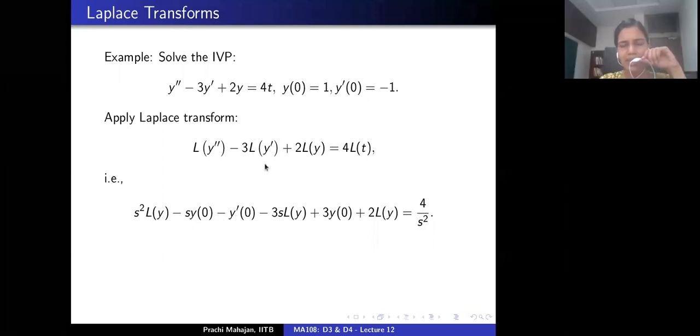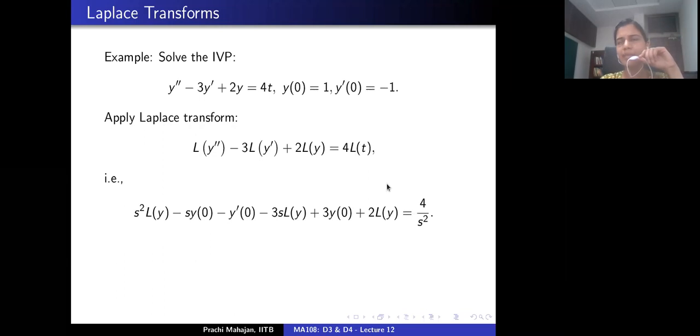Now the Laplace transform of the derivative of y is the same as s times the Laplace transform of y minus the function y evaluated at 0, and this constant minus 3 is multiplied throughout, plus 2 times the Laplace transform of y is equal to 4 times the Laplace transform of the function t, which is 1 by s square, right?